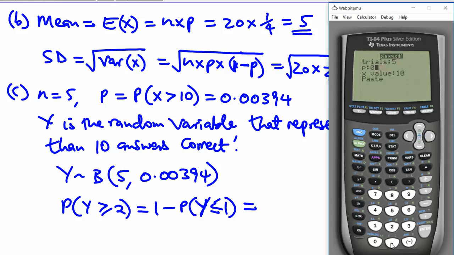Probability of success is getting more than 10 answers correct, which is 0.00394. X value is 1.